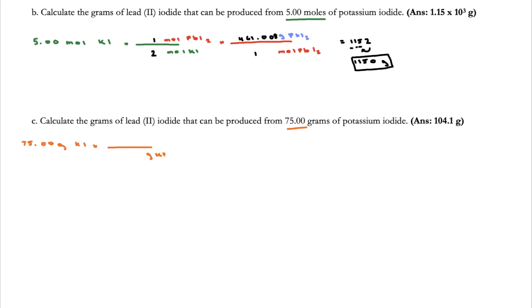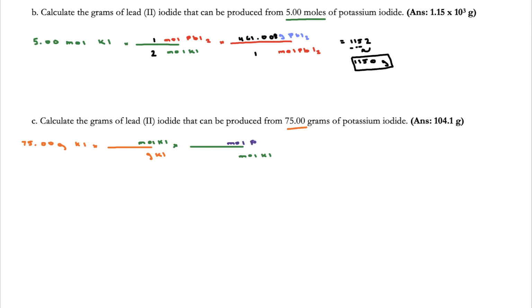And I'm going to get into moles of potassium iodide because I want to be able to get into moles of lead iodide. So I first have to put moles of potassium iodide on the top. Then I'm going to get out of moles of potassium iodide, and I'm going to get into moles of lead iodide. Okay, so moles of PbI2.